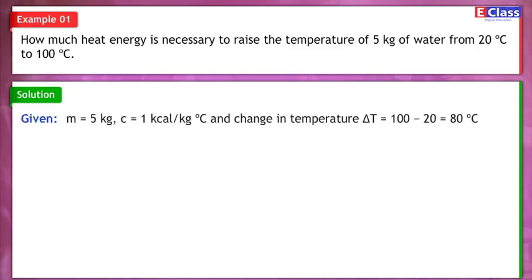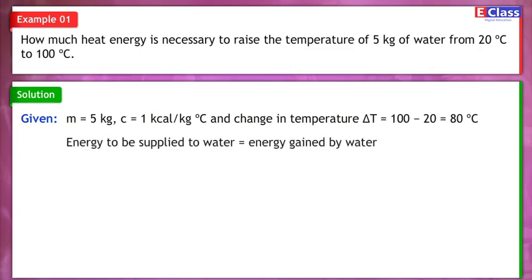Given: m = 5 kg, c = 1 kcal per kg degree Celsius, and change in temperature ΔT = 100 − 20 = 80 degrees Celsius.